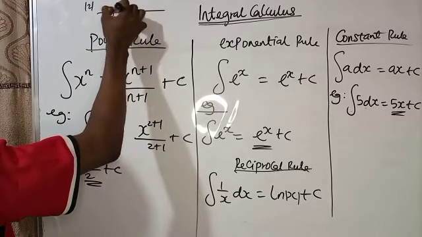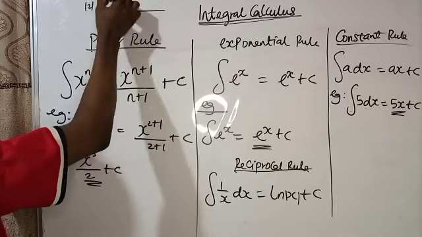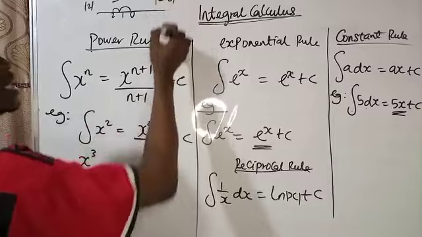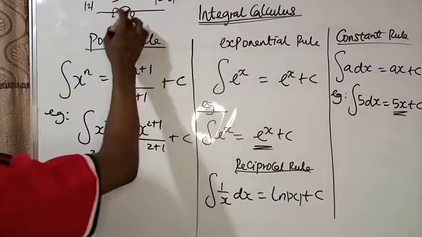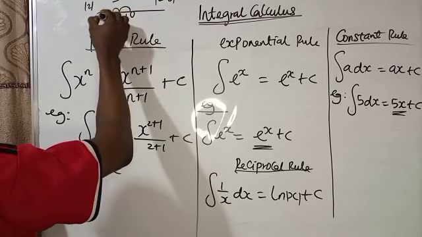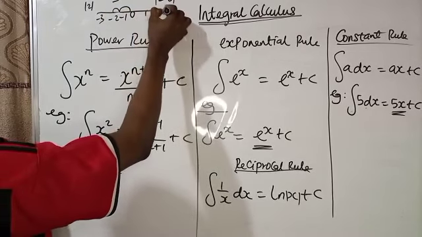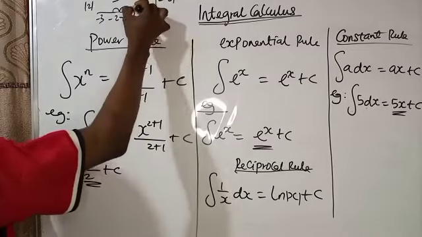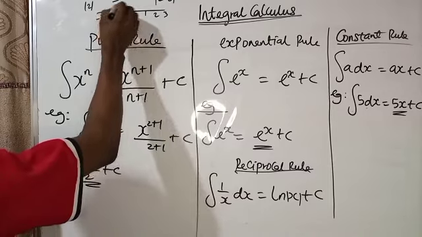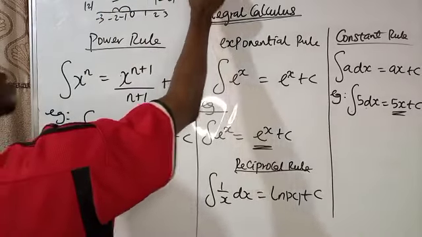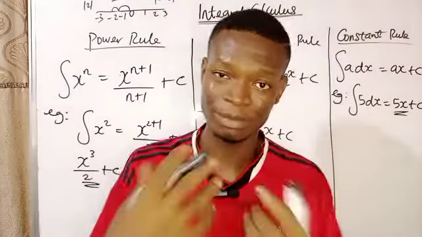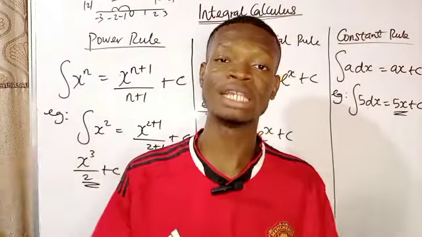You go 1, 2. The absolute value of 2 is 2. The absolute value of minus 2 means how far minus 2 is from 0. You go minus 1, minus 2. It is also 2. So the absolute value of a number is always the positive value of that number, how far it is from 0.